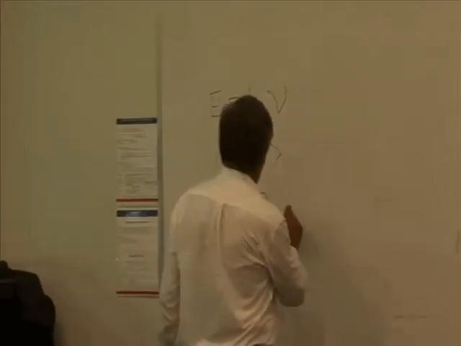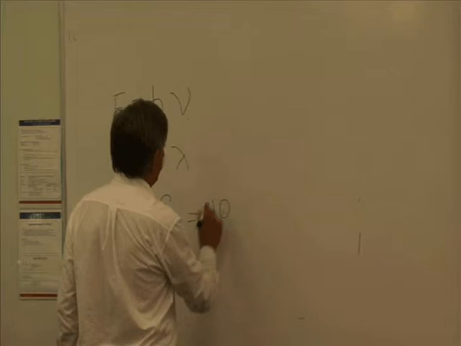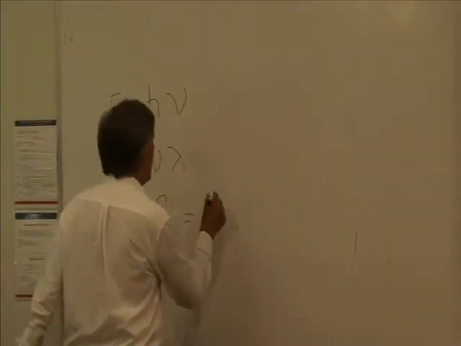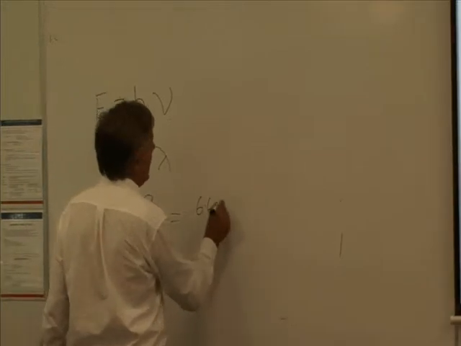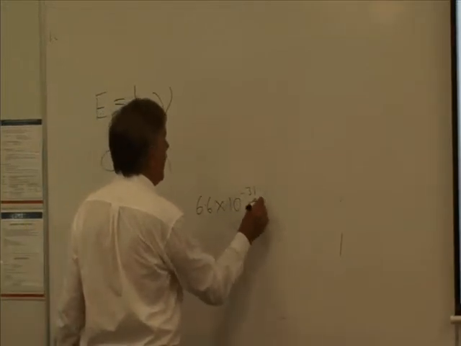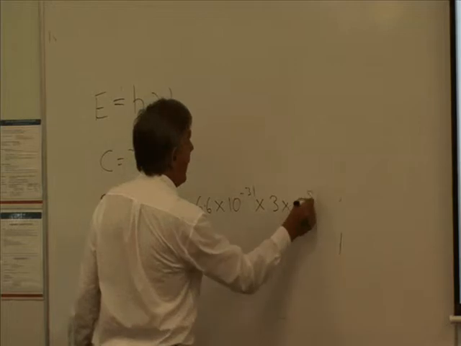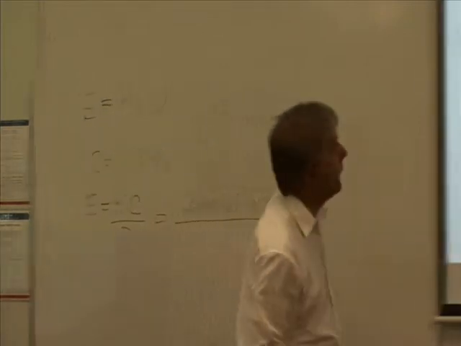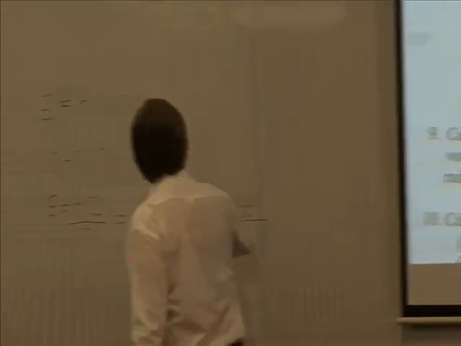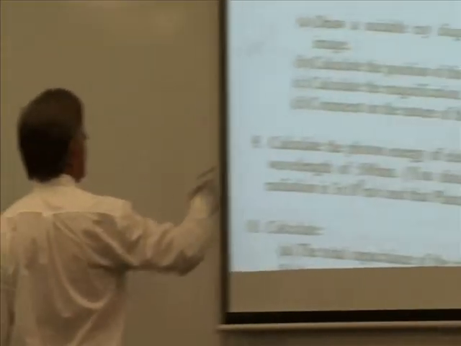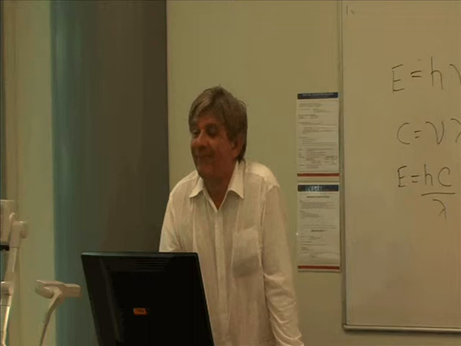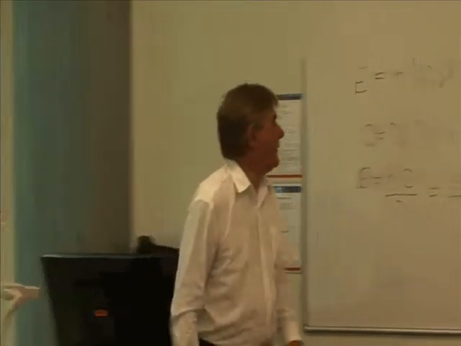I give you Planck's constant. 6.6 times 10 to the minus 34 times 3 times 10 to the 8 over whatever the wavelength is. 500 nanometers. Do we have to do anything with that value? Times 10 to the power minus 9. Good.